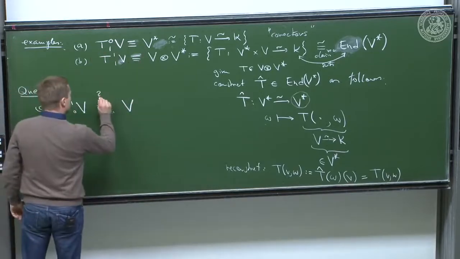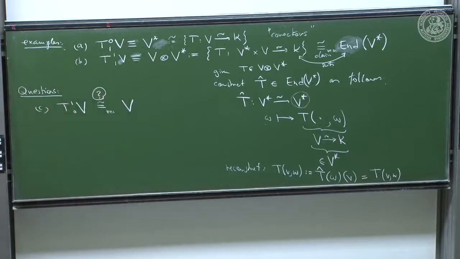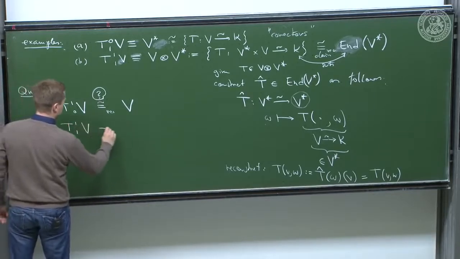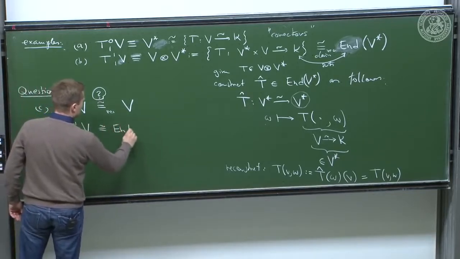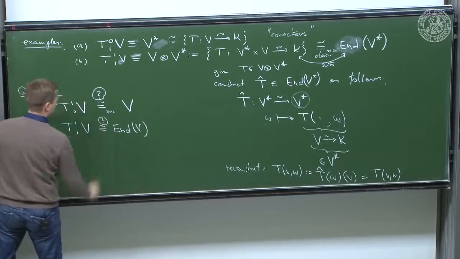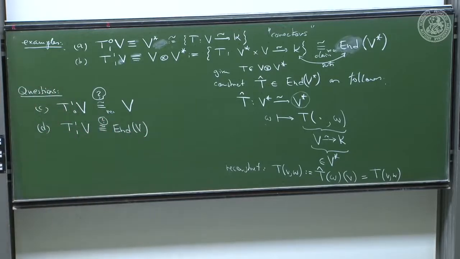But the question is, is this really true? And the answer is, in general, it is not. Then another member of the list could be, again, the 1-1 tensors. And the question is, aren't those the same as the endomorphisms over V? Well, yes, but not generically.